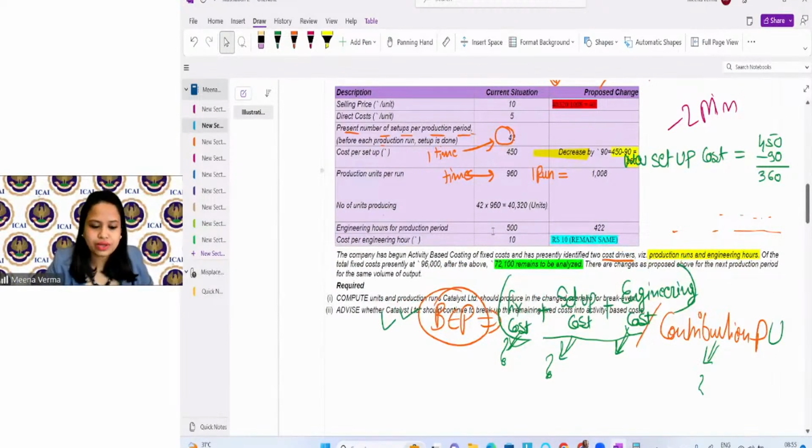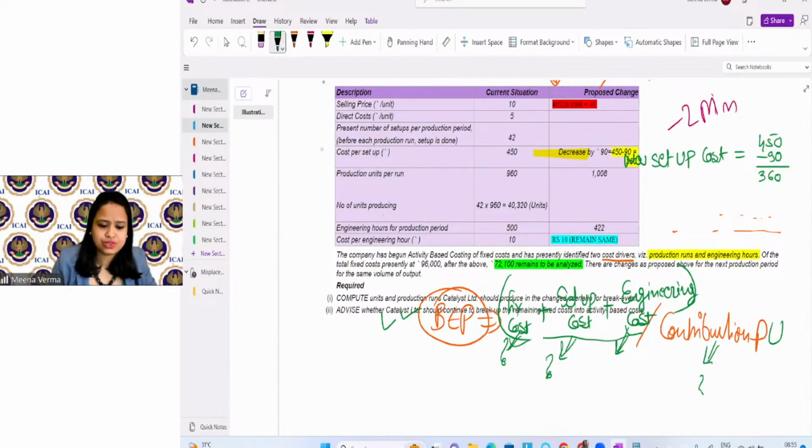All right. Okay. What else? Accordingly, we have to find out the setup cost, right? We will use the same information to find the number of setups here. You can see production unit per run is what?